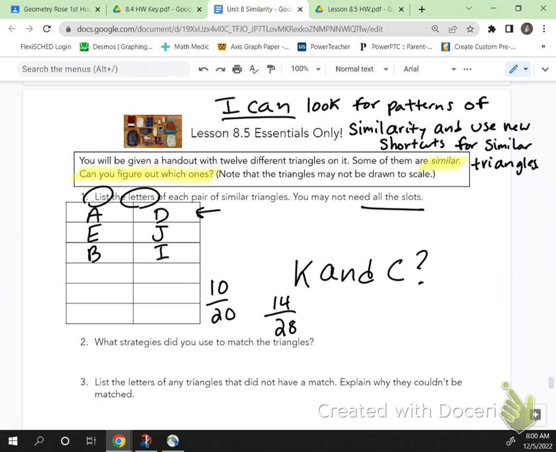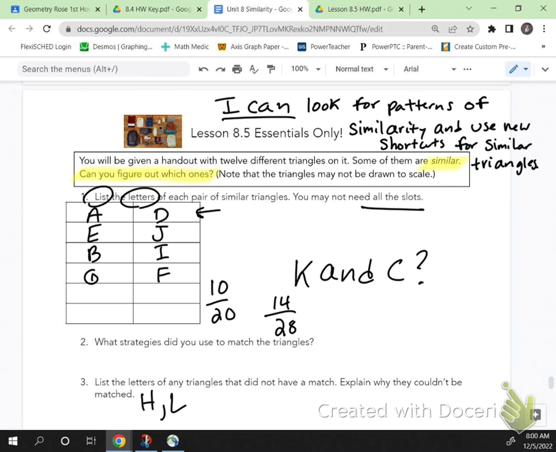I agree with you, those are proportional, but look at the angles. So it's not going to be H and L. I got G and F. And that's all the pairs that I got.